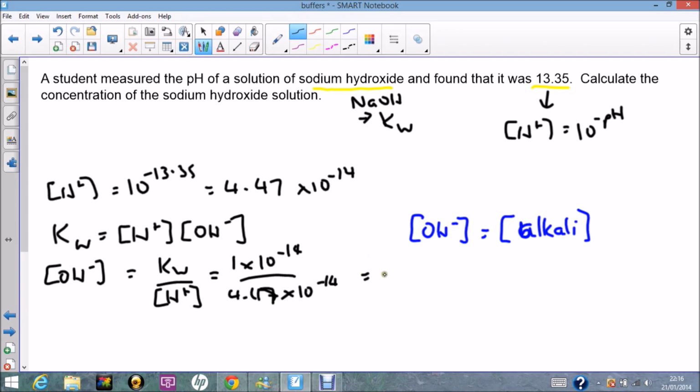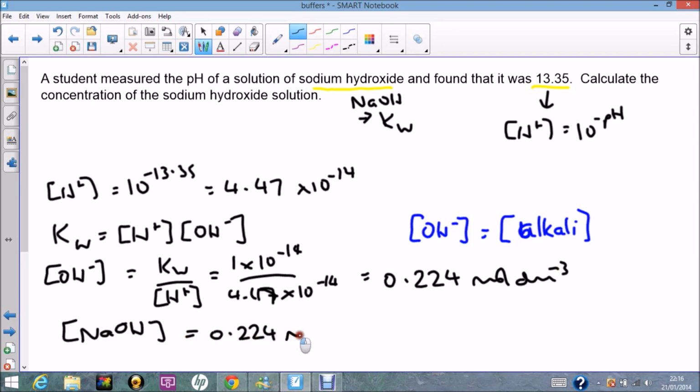And that should give you 0.224 moles per decimetre. So the concentration of sodium hydroxide, which is the same as the concentration of hydroxide ions, is equal to 0.224 moles per decimetre. If you were to get this as a question, you'd have a mark for your final answer and you'd have a mark for your concentration of H+.